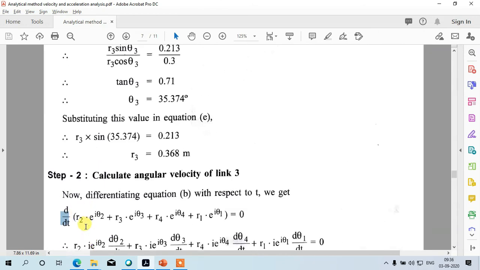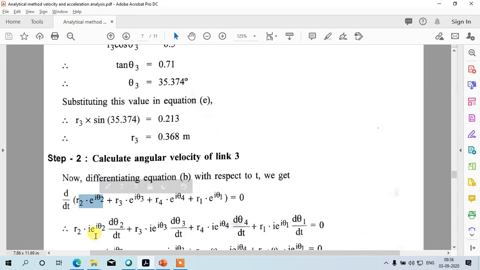So first let's differentiate this r2 e raised to I theta 2. So r2 is constant. Okay, r2, r3, r4, r1, these are the lengths of linkages. Now the lengths of the linkages do not change in our mechanism, so they are treated like constants. So r2 is constant. What will be the differentiation of e raised to I theta 2?